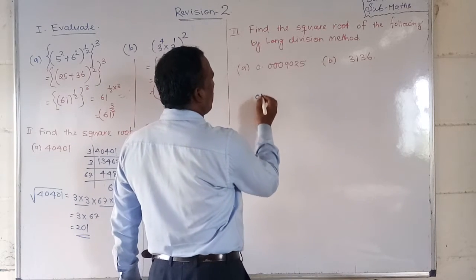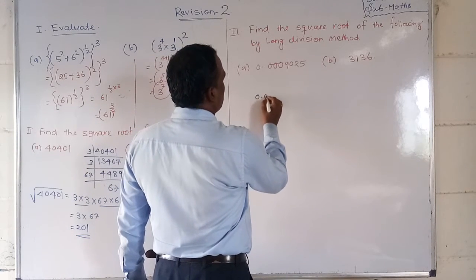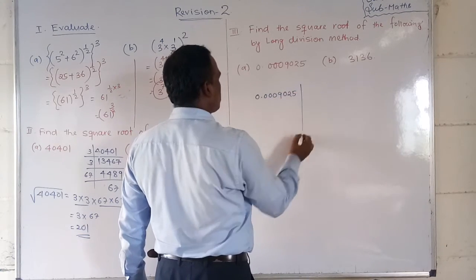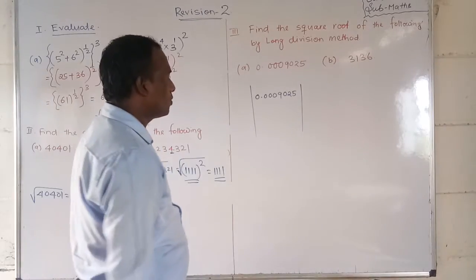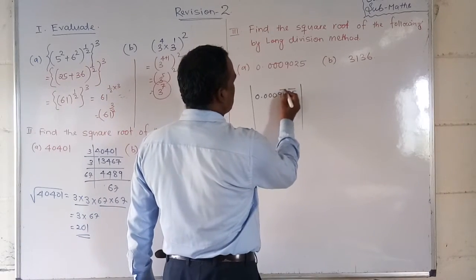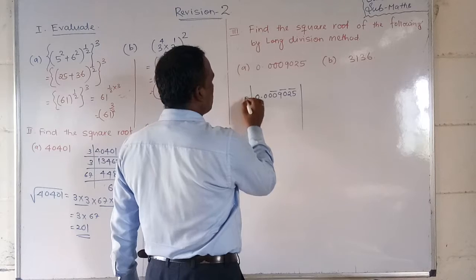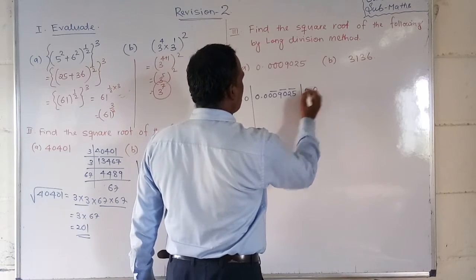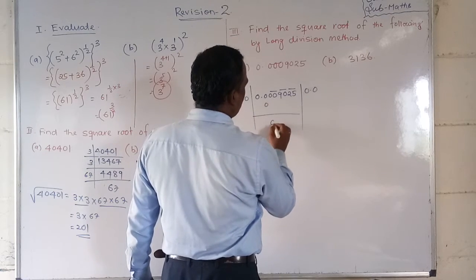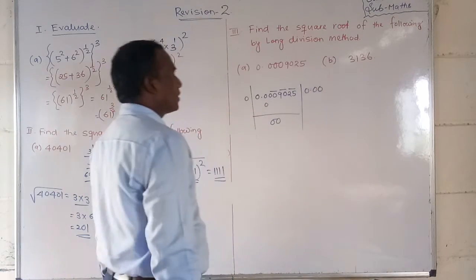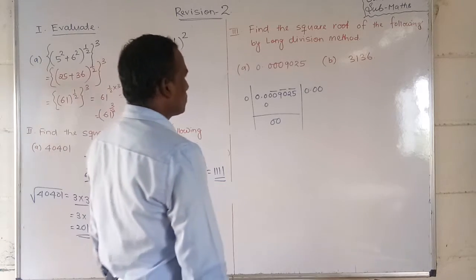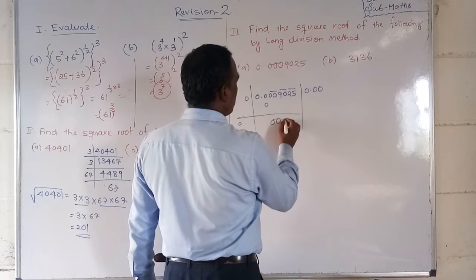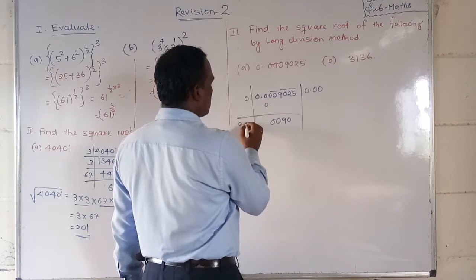0.000925, we will do by the division method. What will we do, friends? First of all, put 0 here, already 0, so 0. 0.0, we will put 0. Now double 0 came, so put one more 0. Now what will you do? Here 0 is already there, so now 90 will come. What will we keep here?